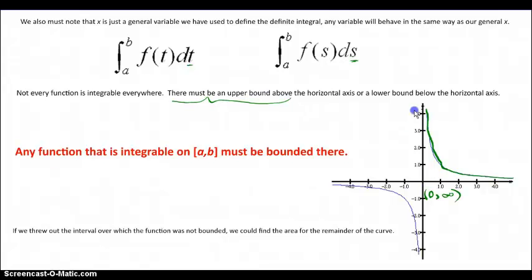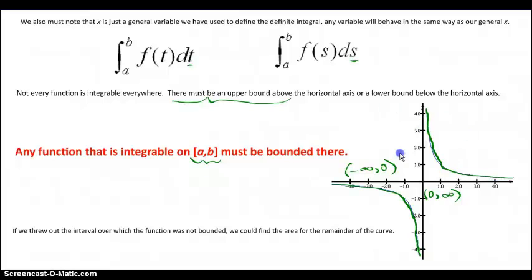We have an upper bound, that is bounded area. And any lower bound for any area that might be below the x-axis. So here is bounded area from negative infinity up to but not including 0, because clearly we're not bounded there. So any function that is integrable on a closed interval must be bounded on that interval.